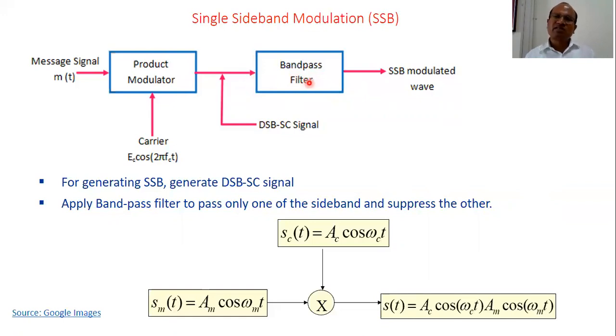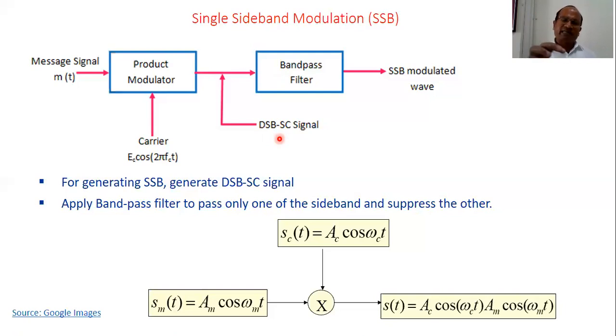using a band pass filter. A band pass filter, as its name suggests, will pass a band of frequencies from a certain lower value to a higher value of frequencies. We know that in DSB-SC we have two bands, upper sideband and lower sideband.